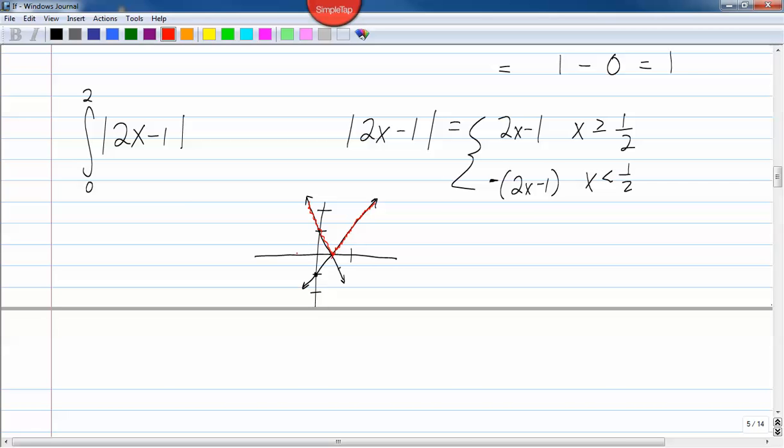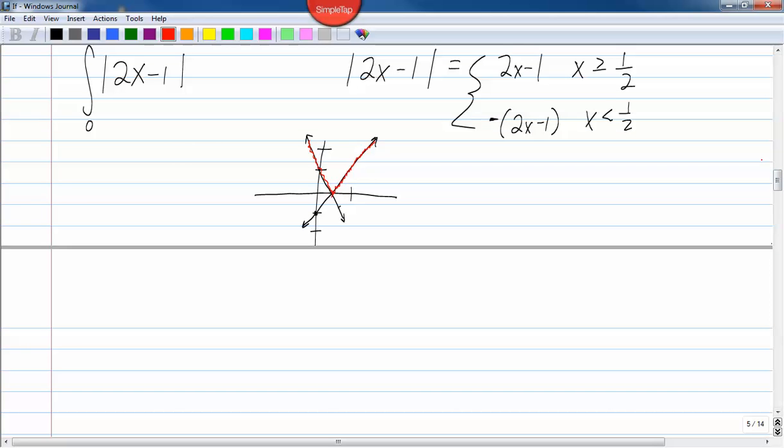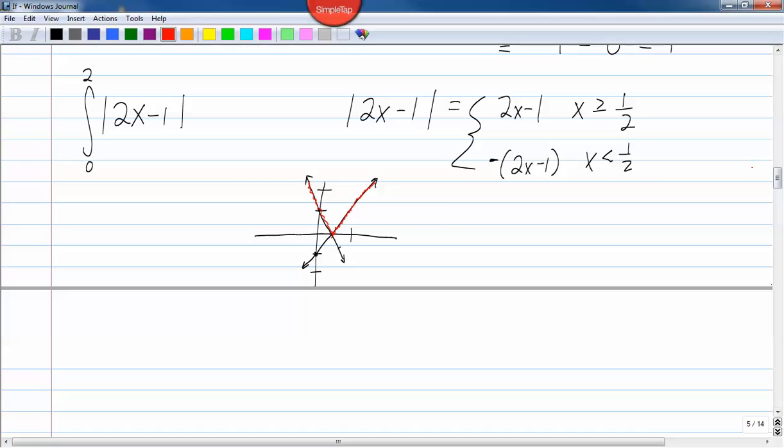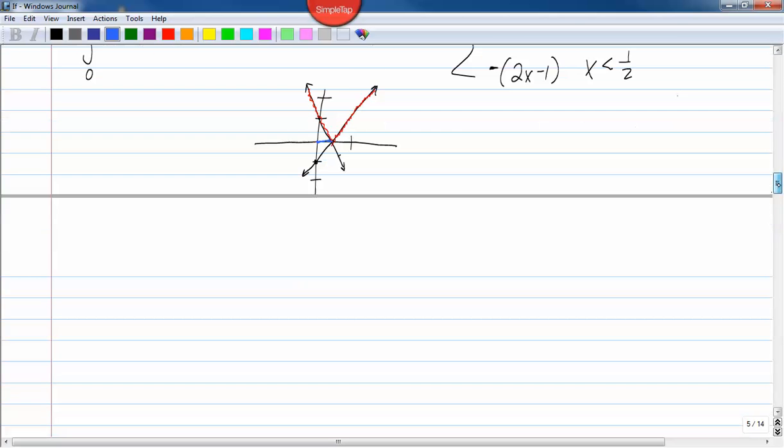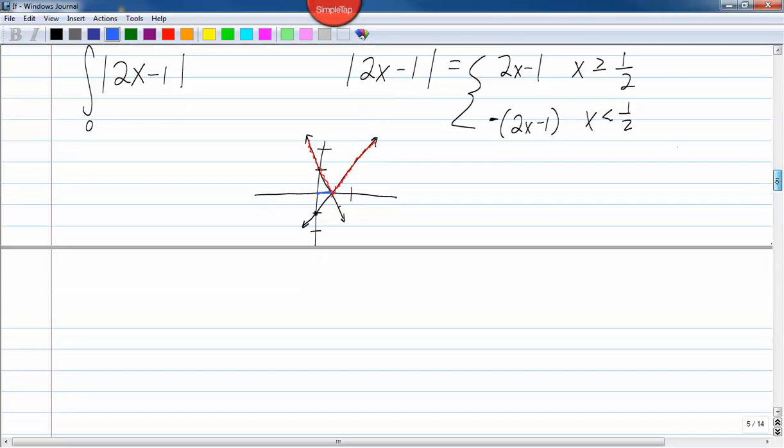Okay? So if I want to find the integral of that absolute value function from 0 to 2, from x's starting at 0 all the way until I get right here, what function is that? That's the negative of 2x minus 1. Okay.